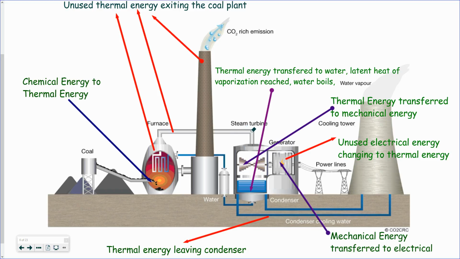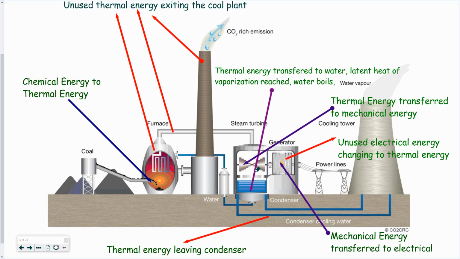However, the thermal energy makes its way into the steam turbine. The thermal energy heats the water. The water vaporizes. A phase change is occurring. So the water goes from being a liquid to being a gas. That gas has the ability to do work on the turbine.